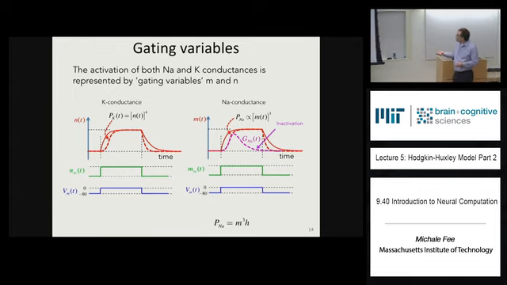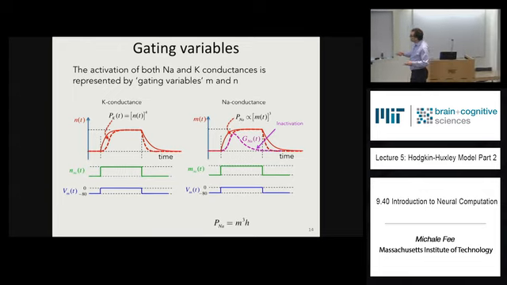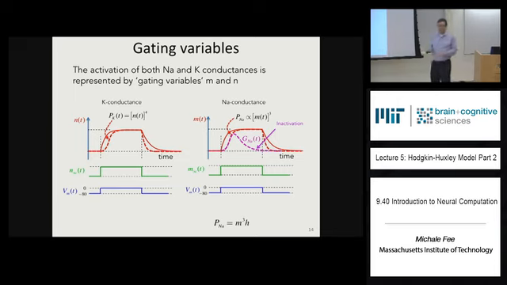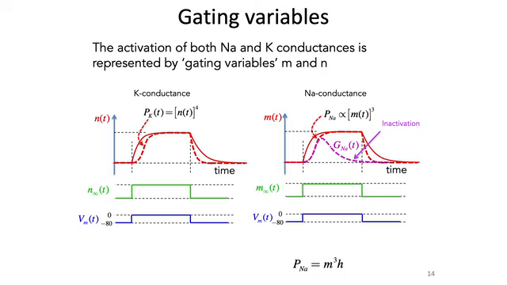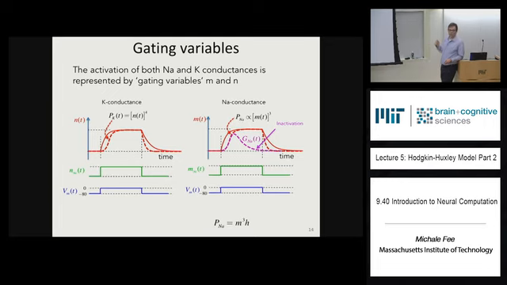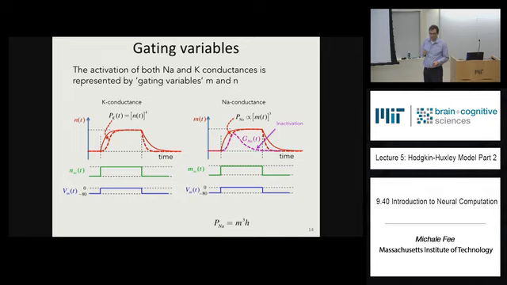Okay, so the probability of the sodium channel being open actually goes like m cubed times some other gating variable that describes how this turns off. Okay? And so there's another gating variable called H, called the inactivation gating variable for sodium.